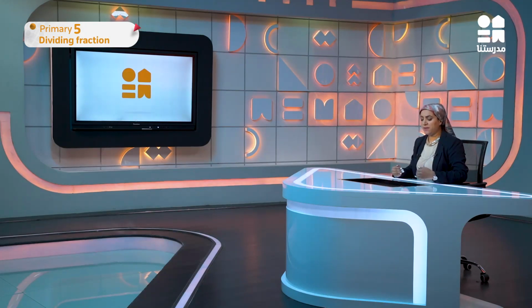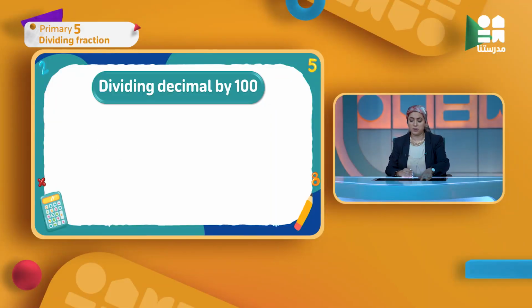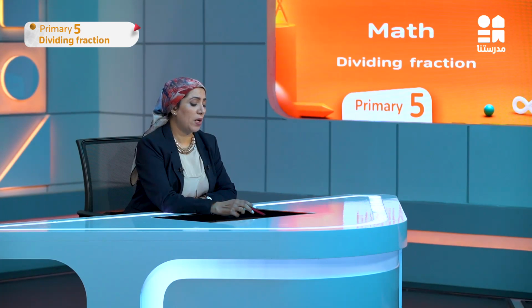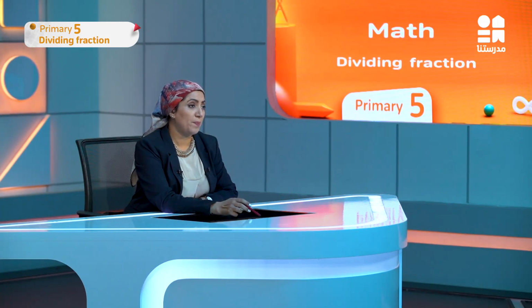Now, if I divide the decimal number by 100. Example, 2,473.6 divided by 100. Here, how many zeros do I have now? I have 2 zeros in the 100. And I want to divide 2,473.6 by this 100. Okay? Then the decimal point will move to the left or to the right.